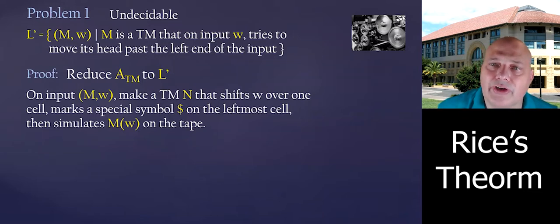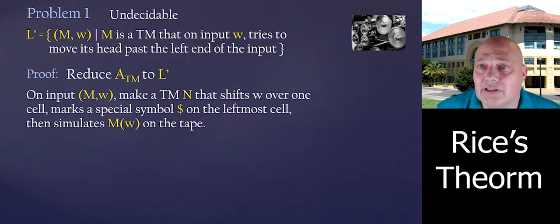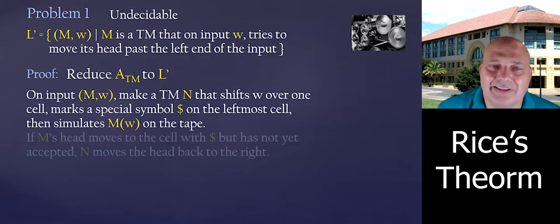But what we fear is that M will reject, but in the process it will try to move beyond the leftmost cell. And this is something that N would avoid. So N would avoid going beyond the leftmost cell kind of by accident.